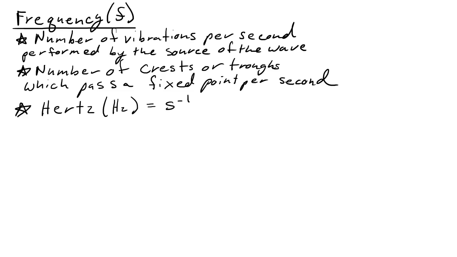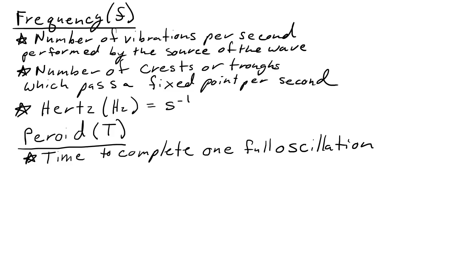Period is related to frequency in that it's the time that it takes to complete one complete oscillation of the particles. As we said before when we were talking about oscillations, you can think of frequency as how often something happens, and you can think of period as how long it takes for something to happen.